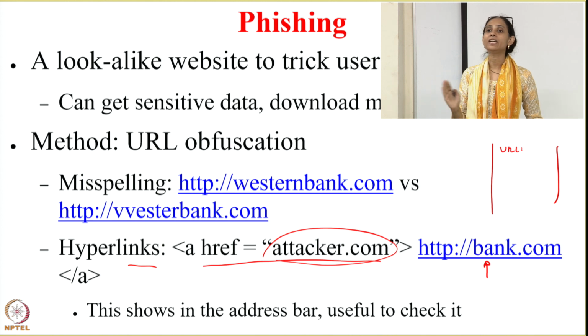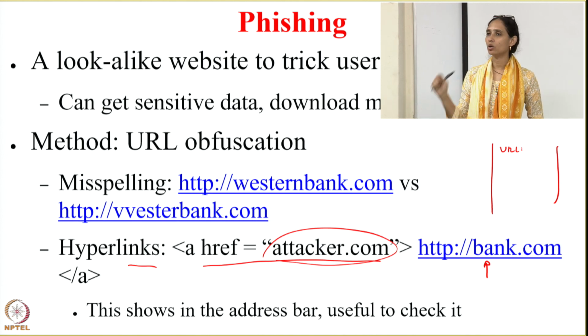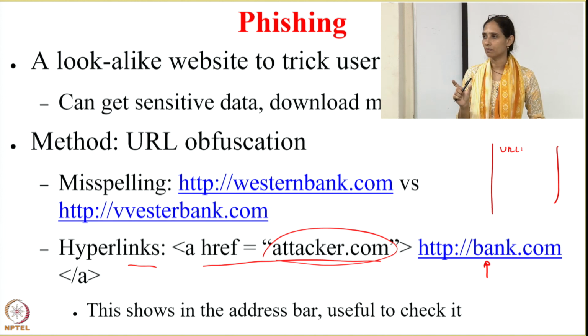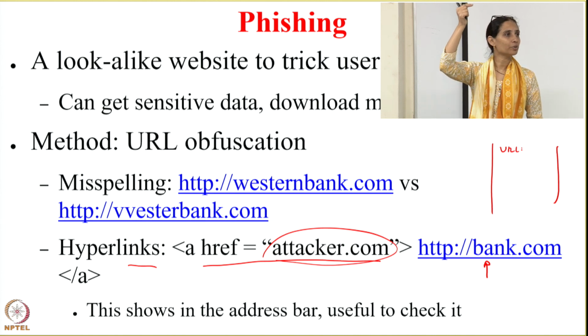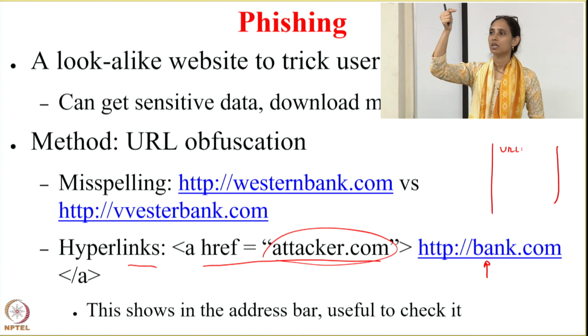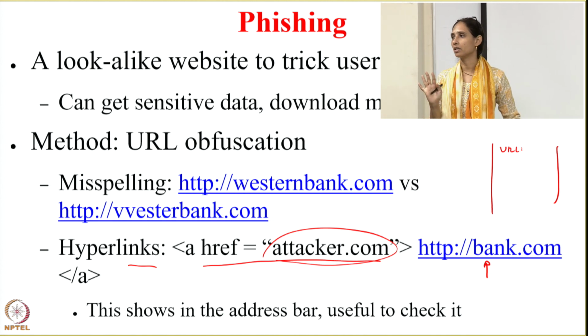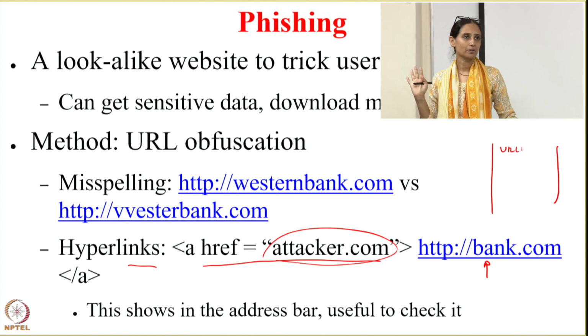These types of redirections are visible to the user, because even though you saw bank.com and clicked on it, if it redirected you, you will actually see attacker.com in the browser URL field. So, whenever you browse, you should pay close attention to the URL where you are landing. And if you see attacker.com there, but the website looks identical to bank.com, you know something fishy is happening, you should not enter any information.